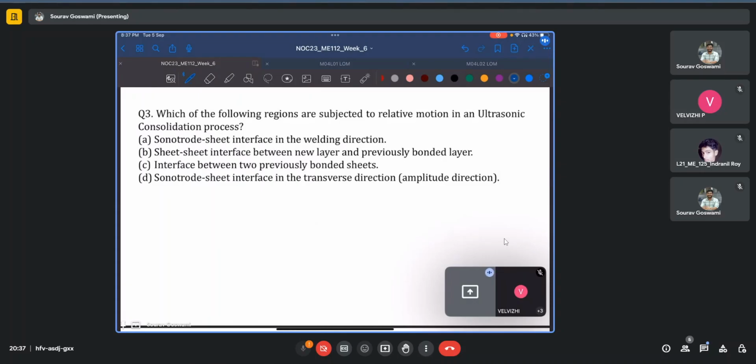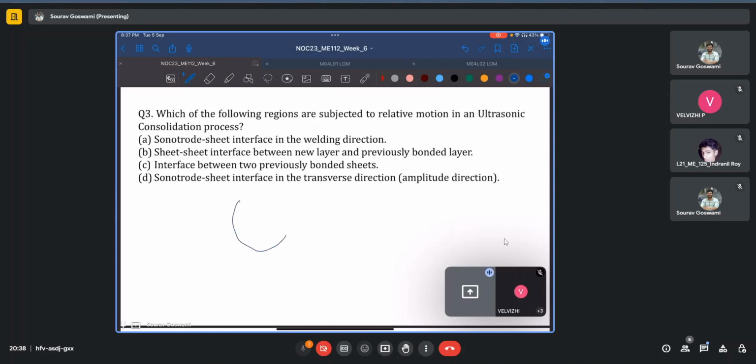The third question asks us which of the following regions are subjected to relative motion in the context of an ultrasonic consolidation process. Now, as we are well aware, there will be several. So there is the contact between the sonotrode and the top sheet. Okay, so I drew it in the wrong direction. Sorry.